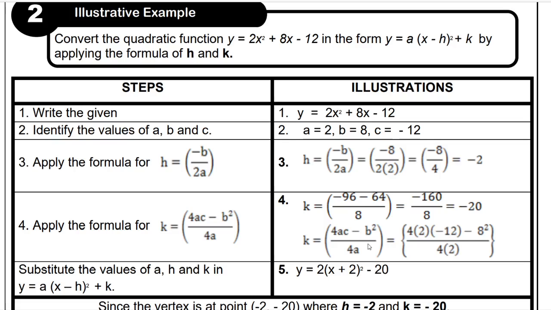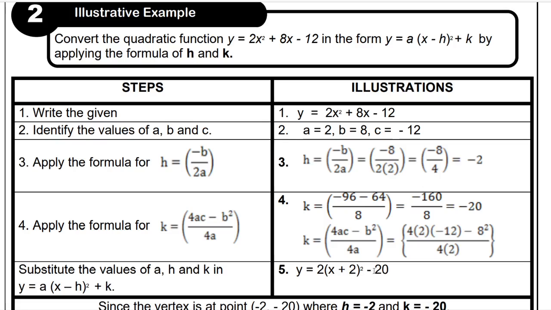Therefore, substituting the values, your h is negative 2. So this will now become positive 2 because you have a negative there, another negative in front of h. So this will become positive 2. And your k is negative 20.